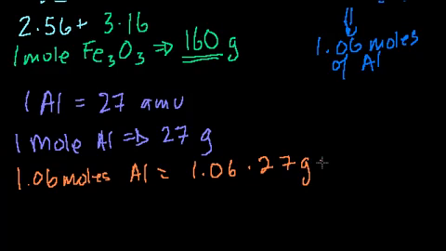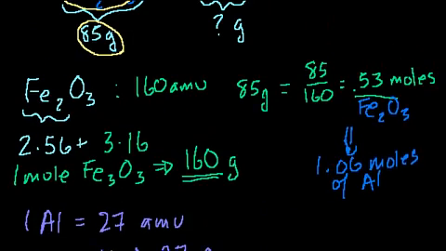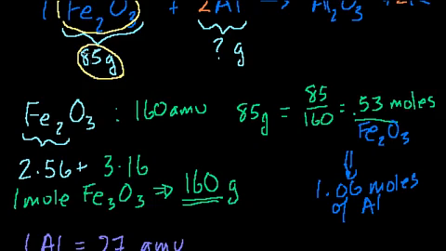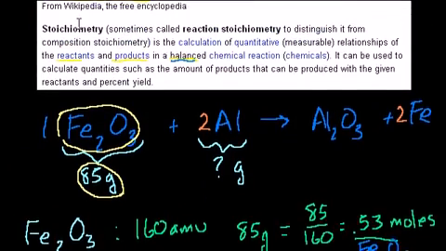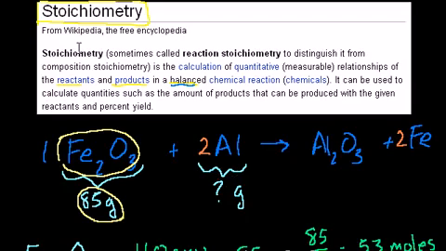So we need 28.62 grams of aluminium in order to essentially use up our 85 grams of the iron 3 oxide. And if we had more than 28.62 grams of aluminium, then there'll be some left over after this reaction happens, assuming we keep mixing it nice and the whole reaction happens all the way.